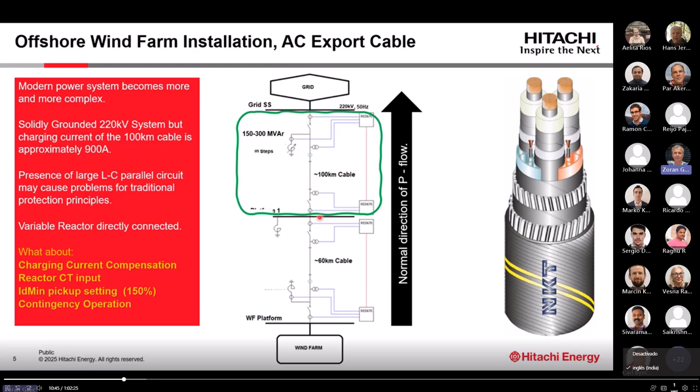Plus, once you start loading the cable, they'll have to tap the reactor up and down in order to find the optimal point. Therefore, we have variable conditions, and it's very difficult to see in advance all operating scenarios. Plus, under emergency situations, they might even remove the reactor, or during the commissioning phase.